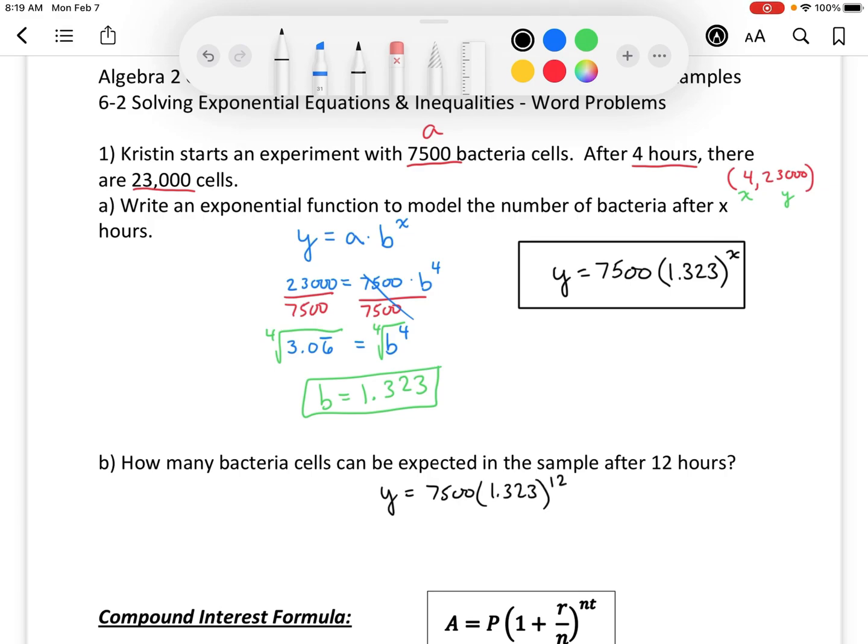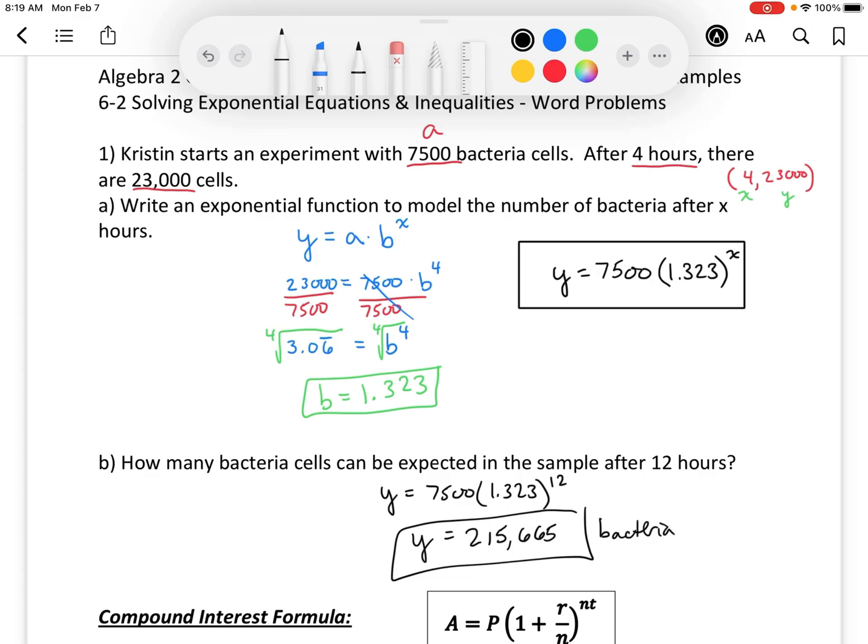And all you have to do is type that expression into your calculator. I get the number of bacteria to be 215,664, and I could round it up to 665, and that would be it. I'll even label it and say bacteria.